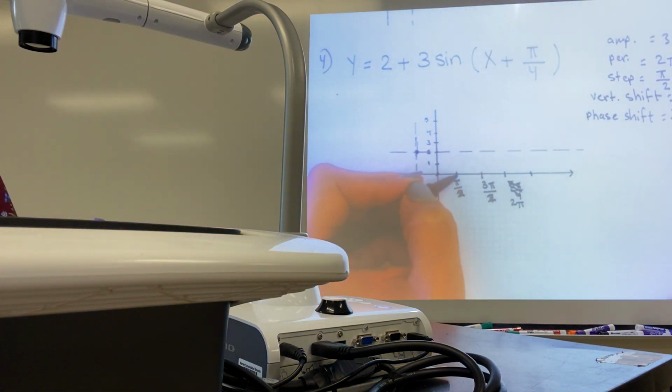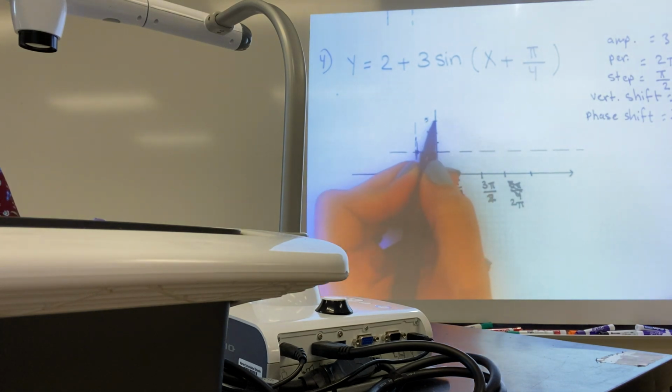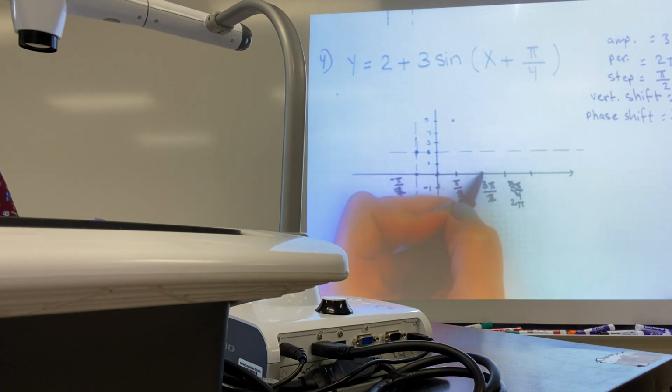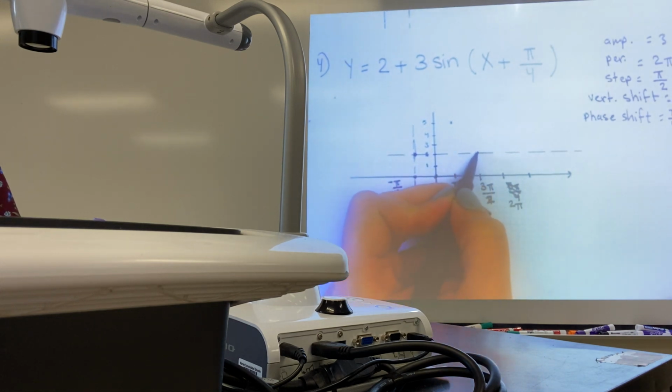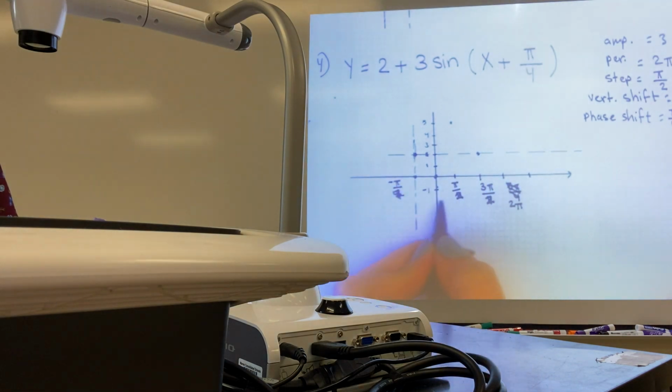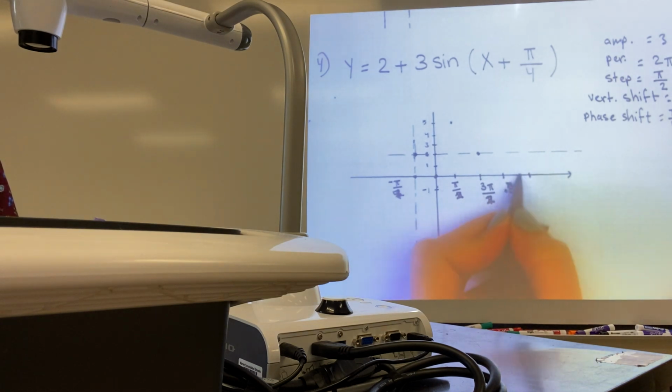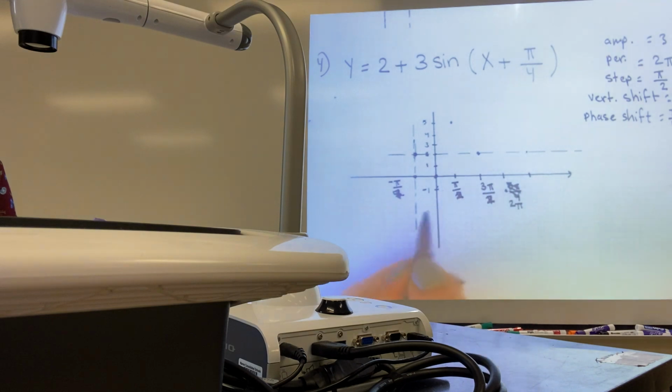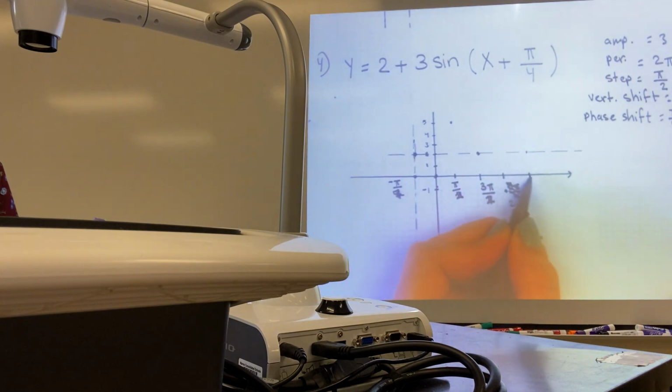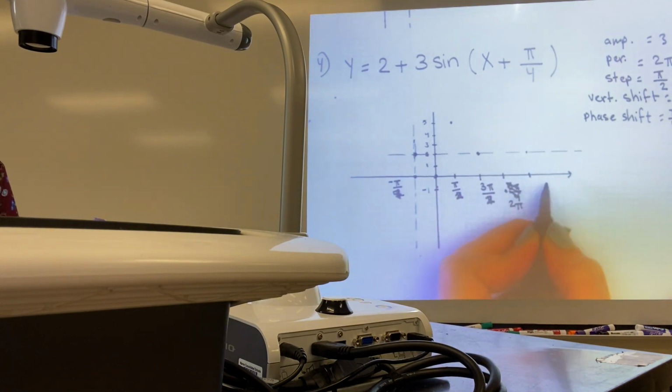Let's see, in this case, it will be 5. And we'll go to 2. Then we'll go down to negative 1 and back to the 2. This is 1, 2, 3, and 4. Oh, we need one more step here.